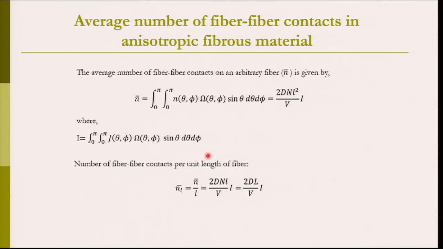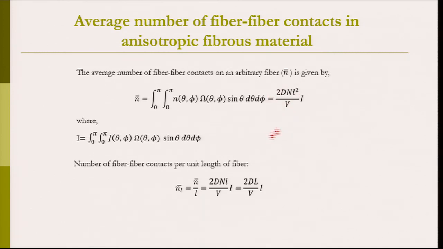So, we can also calculate the number of fiber to fiber contacts per unit length of fiber, which we denote by N_L bar, as you can see here, which is equal to n bar divided by L. We already know the expression of n bar.